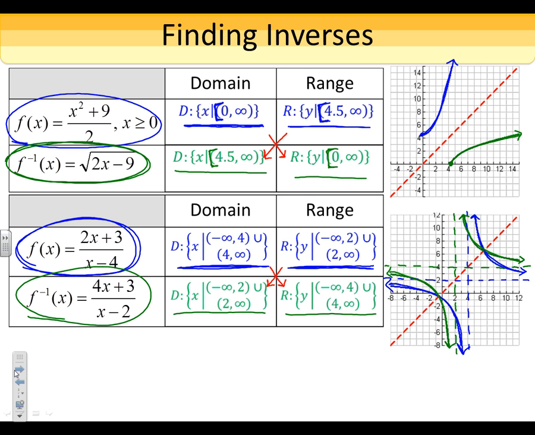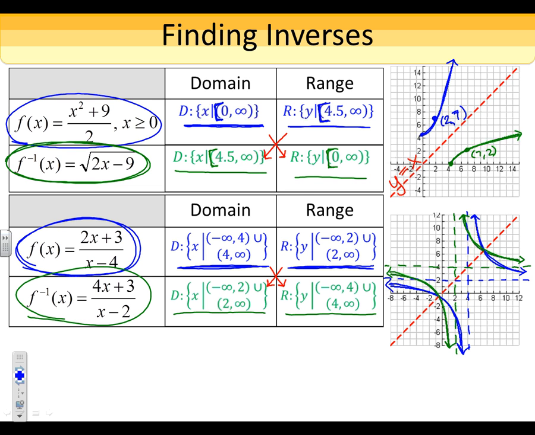We talked about this a little bit. This is because it reflects over the line y equals x. If I have 2, 5 as a point on my original graph, then I should have 5, 2 on my inverse. If I have 2, 7, then I should have 7, 2 as a point on my inverse.